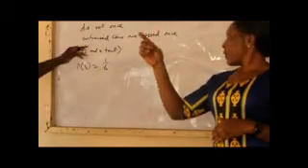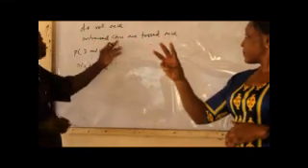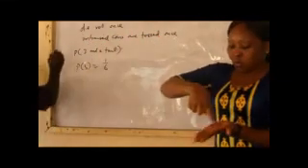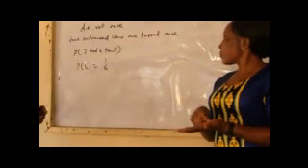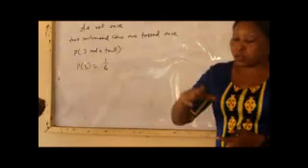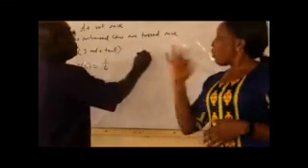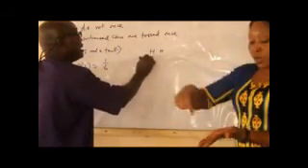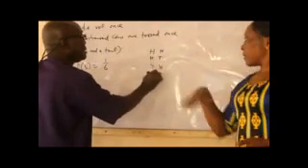Then when you toss 2 unbiased coins once, the probability of getting a tail. We have the coins: head, head, head, tail, tail, head, tail, tail.